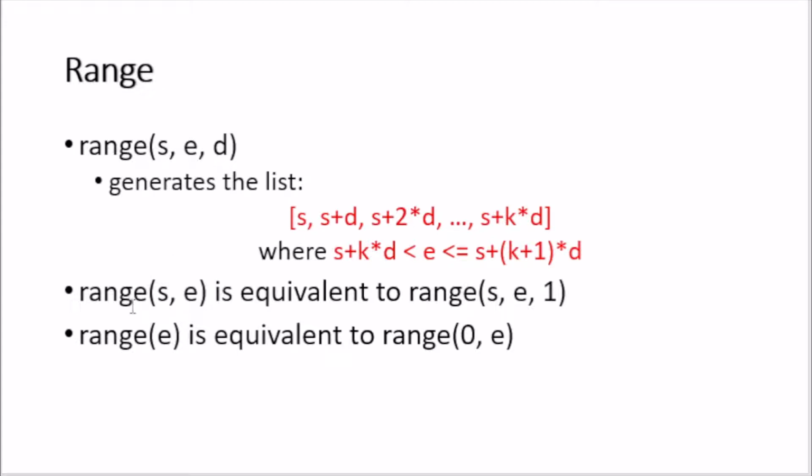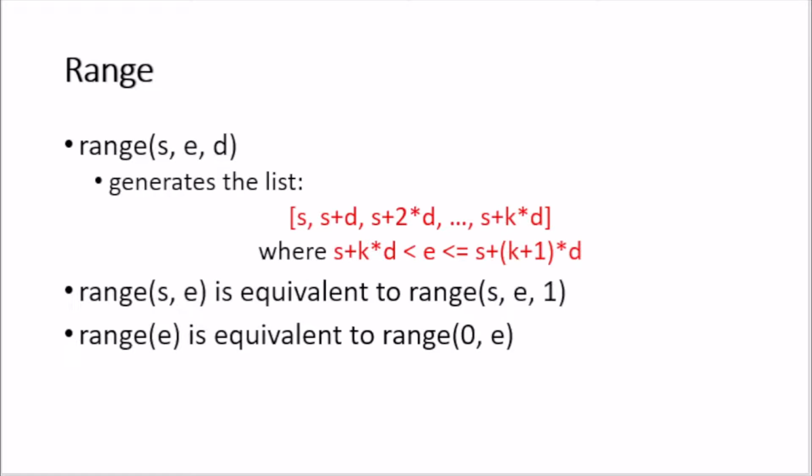So suppose if I write range s comma e, that means my starting is s and my end is e, and the step size is going to be 1. So it is equal to s comma e comma 1. Sometimes we skip s as well, that means I have specified only the end point and my starting point is going to be 0. That means this is equivalent to range 0 comma e.